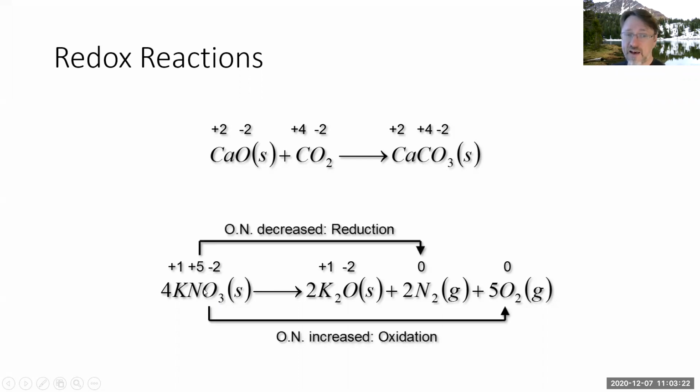So what we have is the nitrogen has an oxidation number decreasing, so that is the reduction process. We have the oxygens that have oxidation numbers increasing from -2 to 0, so that is the oxidation process.